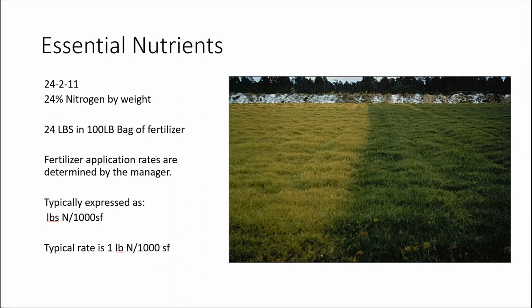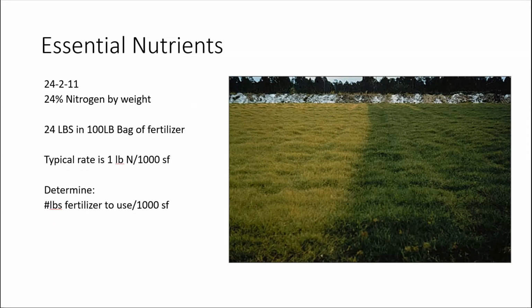As you become a horticultural professional, you will be that manager, making that decision if you choose to go into landscape maintenance, turf care, golf course, sports fields, etc. Typically this is expressed as pounds of nitrogen per 1,000 square feet, and the typical rate is 1 pound per 1,000 square feet.